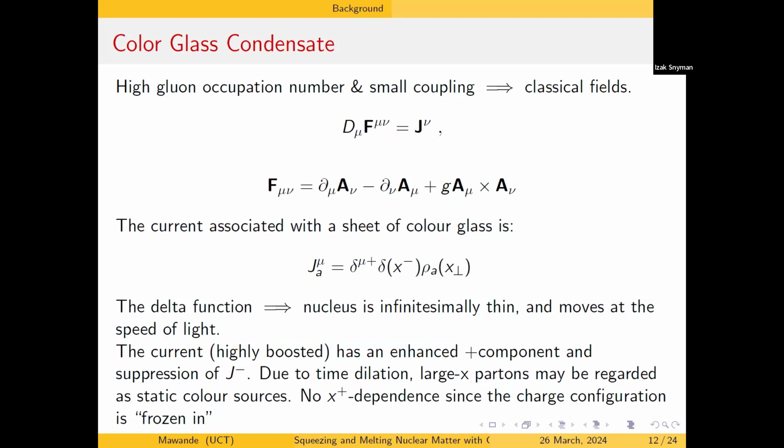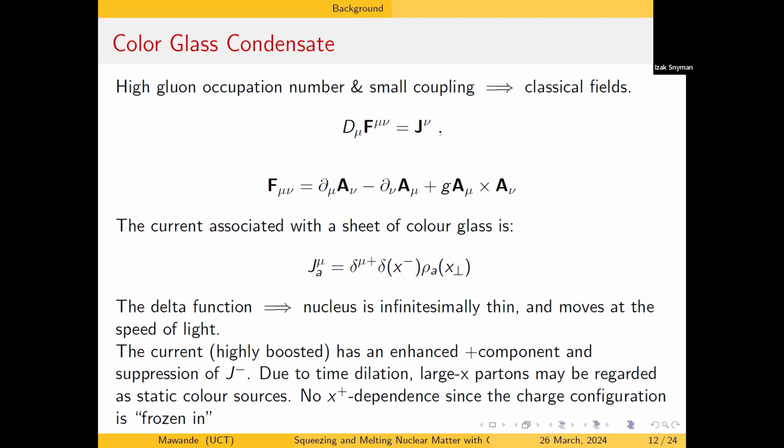Now, like I said, in the traveling proton or traveling nucleus, the very high rapidity parts of this proton, due to time dilation, will appear static in the transverse direction.